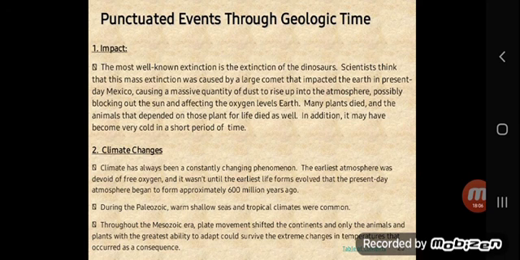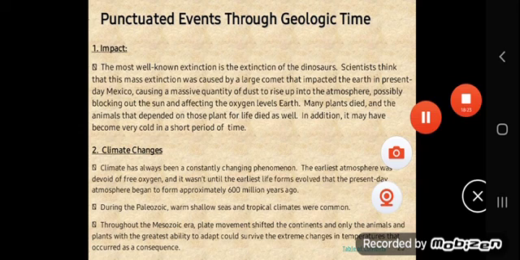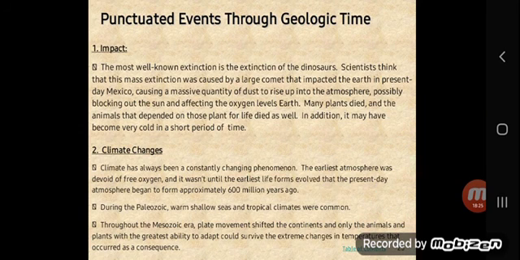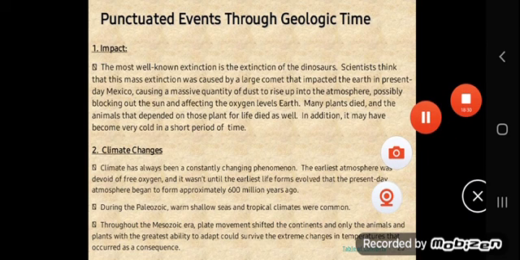Scientists think that this mass extinction was caused by a large comet that impacted the Earth at present-day Mexico, causing a massive quantity of dust to rise up into the atmosphere, possibly blacking out the sun and affecting oxygen levels on Earth. It took millions of years for the Earth to recover, and when it did, the large dinosaurs were gone forever.